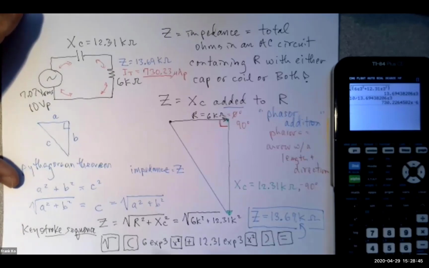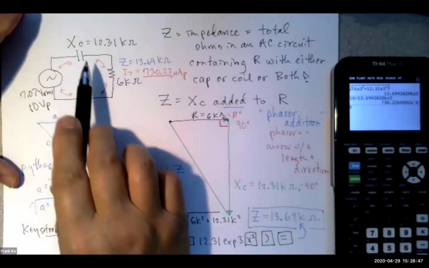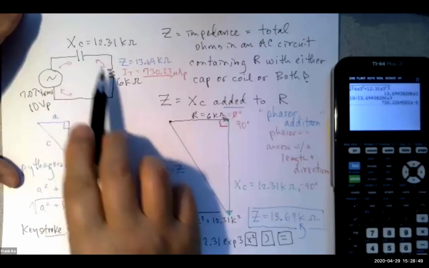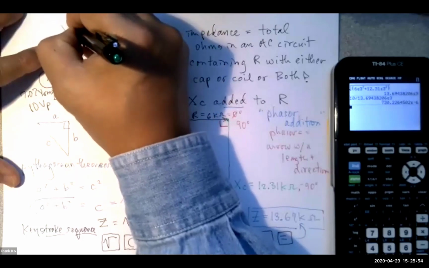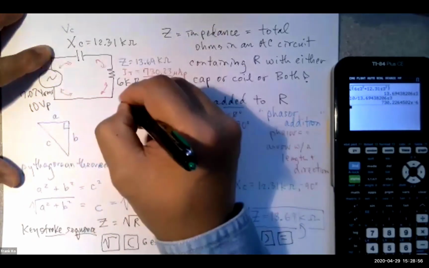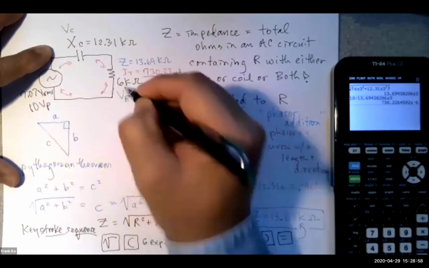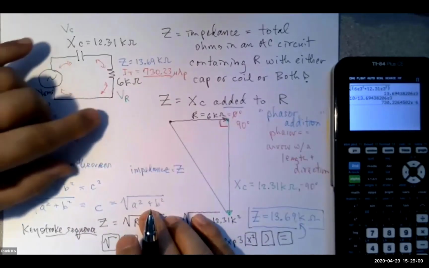Now, can we calculate the voltages on each of these? What is going to be my VC? What is going to be my V over the resistor? How do I calculate V?